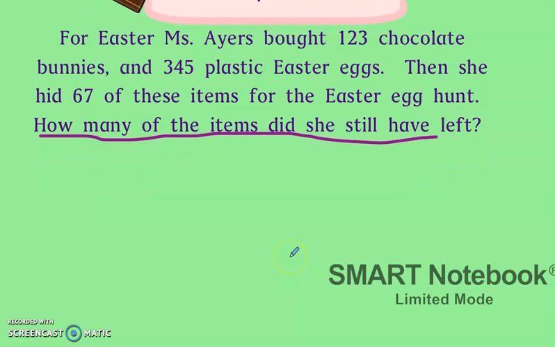So, let's look at the first part of our problem. To look for those numbers to make our equation, it says Miss Ayres bought 123 chocolate bunnies and 145 plastic Easter eggs. Okay, my friends, all together, what do you think we're going to do with those numbers?